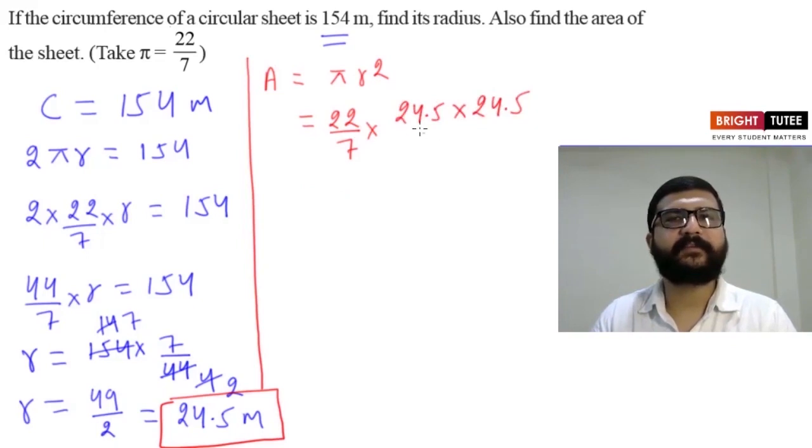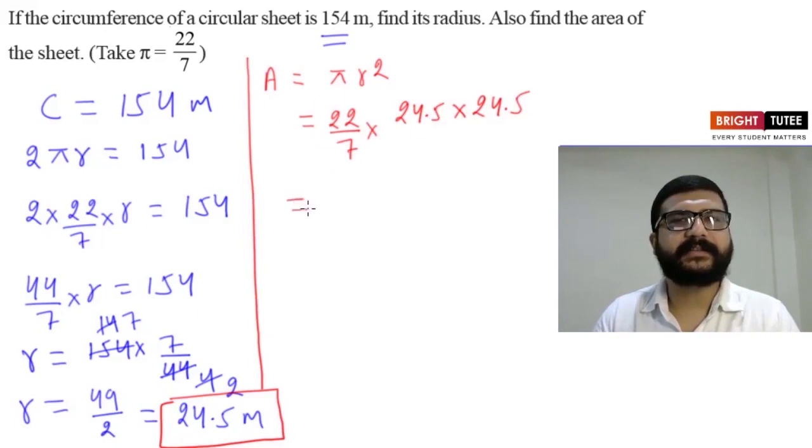Now we have to simplify this and get the area of the circular sheet. From here we can just multiply it, or what we can do, we can remove the decimals first, and this will be equal to 22 upon 7 into 245 upon 10 into 245 upon 10. We have removed the decimals.